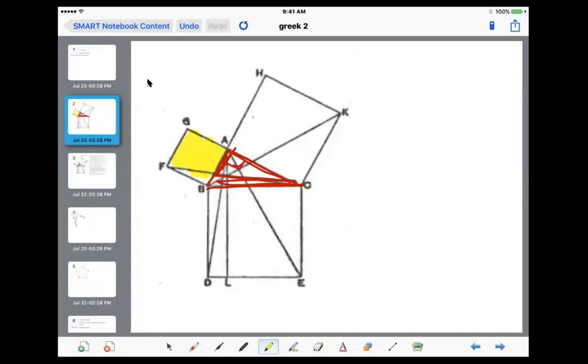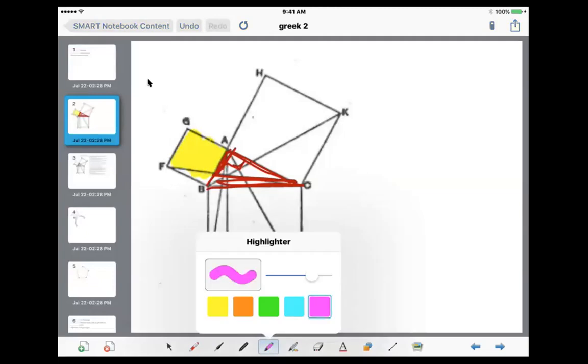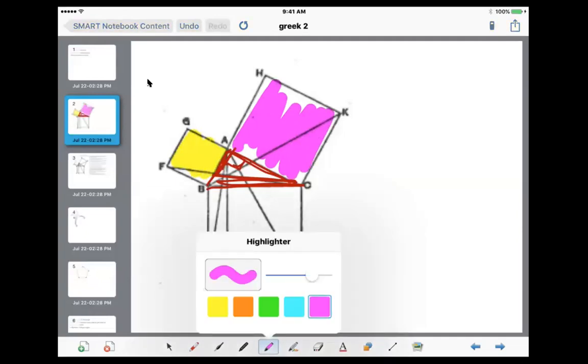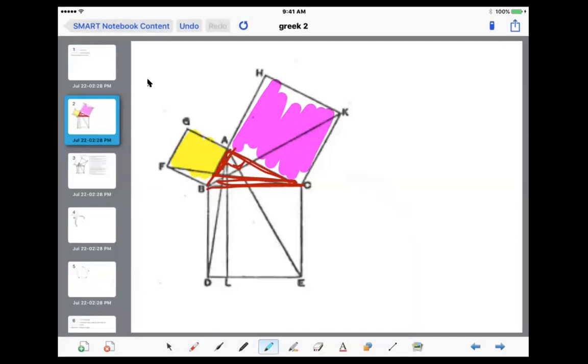That smaller one, I'll call a squared. And this square here is b squared. And this square on the bottom is c squared.